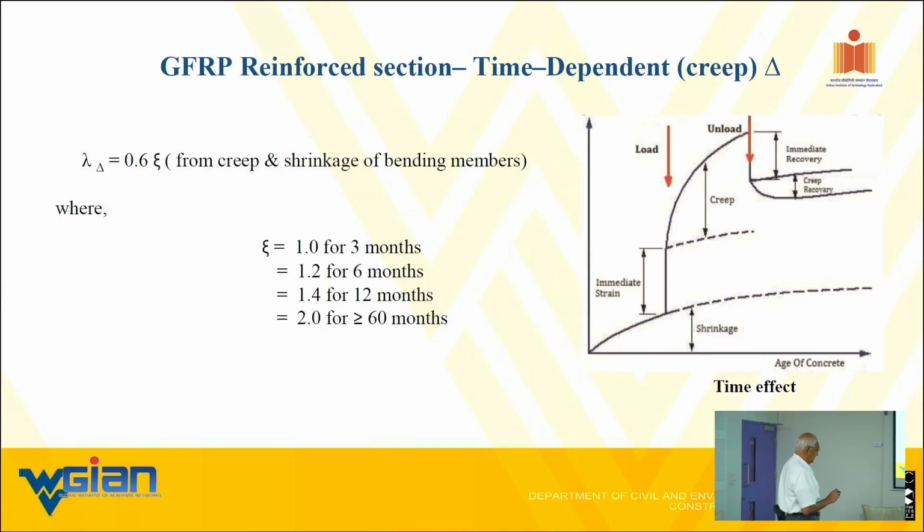So if you see it, the creep deflection is about 0.6 or 60%. Then it becomes twice that much in 60 months, and the rate of creep is not linear with respect to time. That is why we showed you the plot.